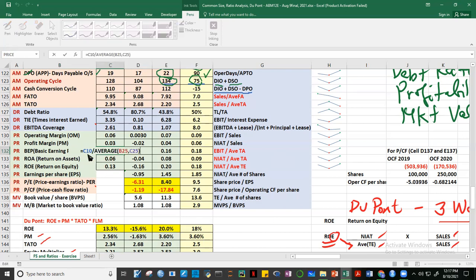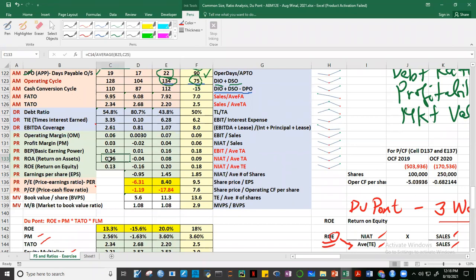This is your EBIT divided by the average of your total assets, B25, C25. Ito, EBIT divided by average ng total assets. So ang baba dito sa 2019, but it increased remarkably noong 2020. But still, we're performing behind our direct competitor na 18%.